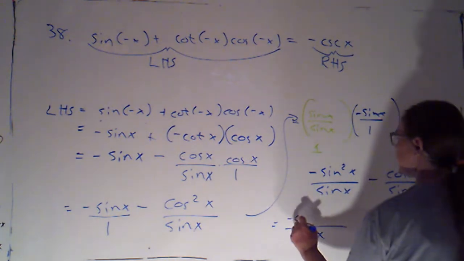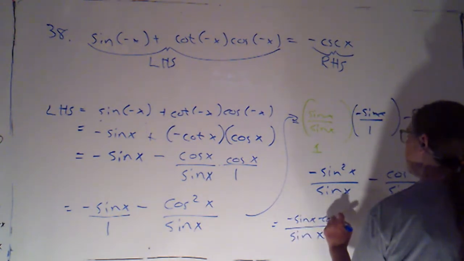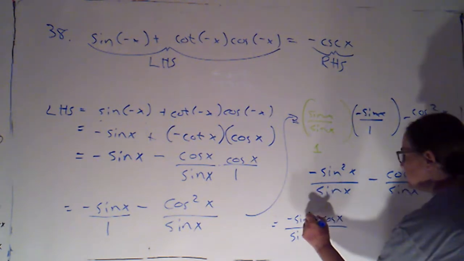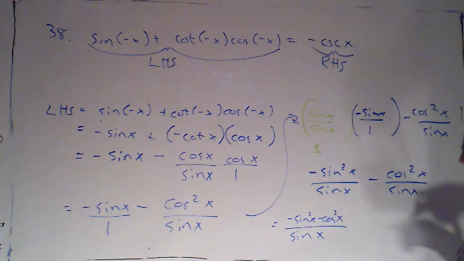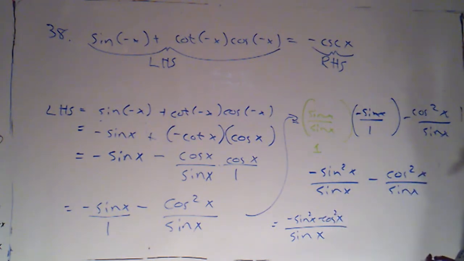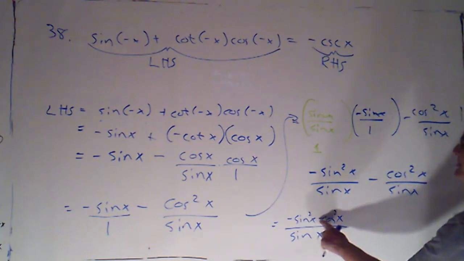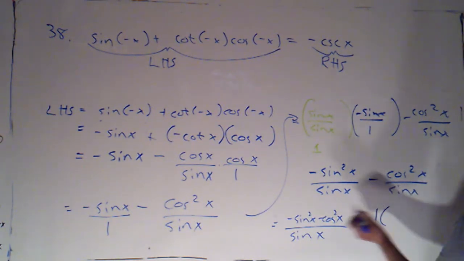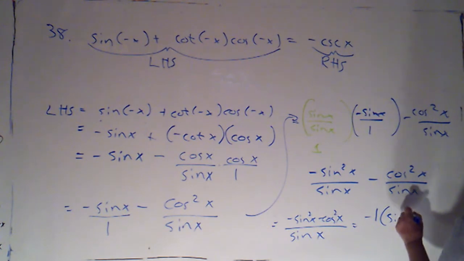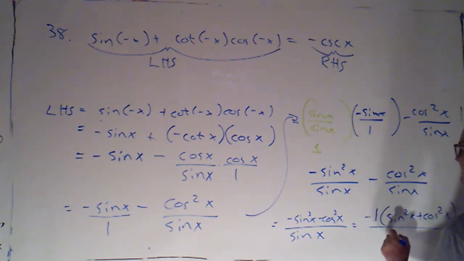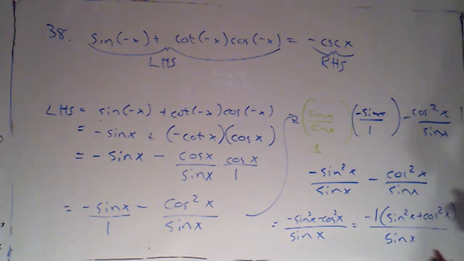And on top, I've got negative sine squared x minus cosine squared x. I dropped those squares for a minute. That was careless. Okay, both of these terms are negative. If I want to, I can factor out that negative. So it's negative 1 times sine squared x plus cosine squared x over sine x.